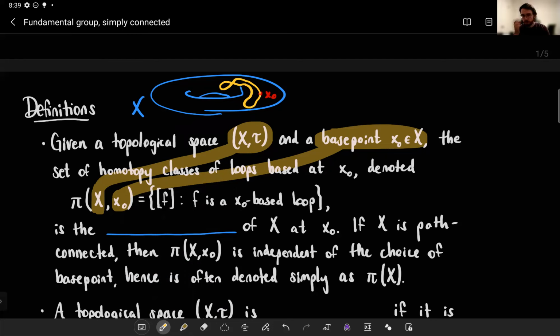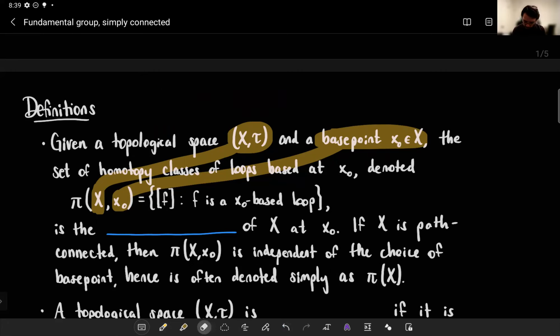Again, most of the time it won't matter what point you pick, but you get to consider all manner of loops starting and ending there. So that's the mental picture we're having in our brains.